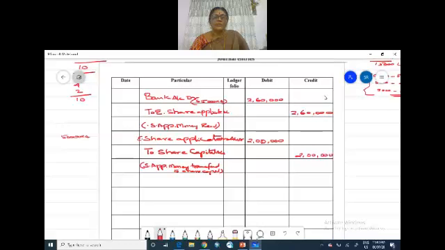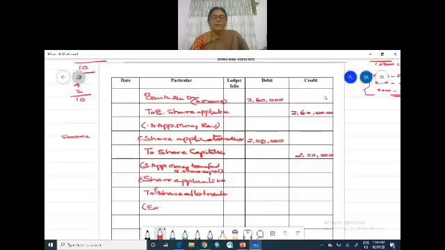Next you have share application account debit to share allotment account. Everywhere you can add equity for equity share.